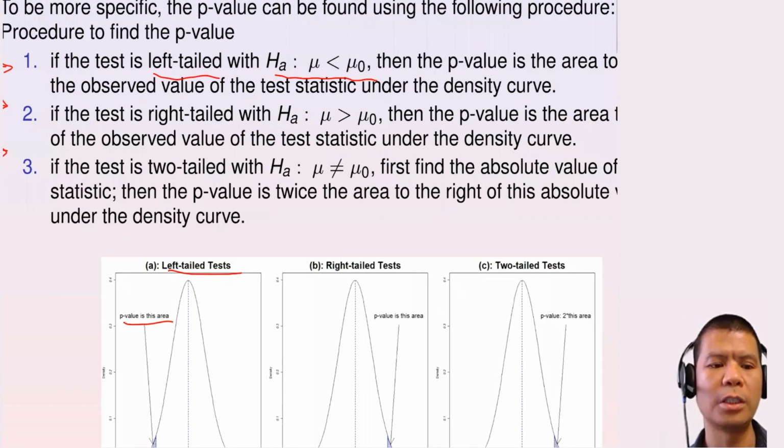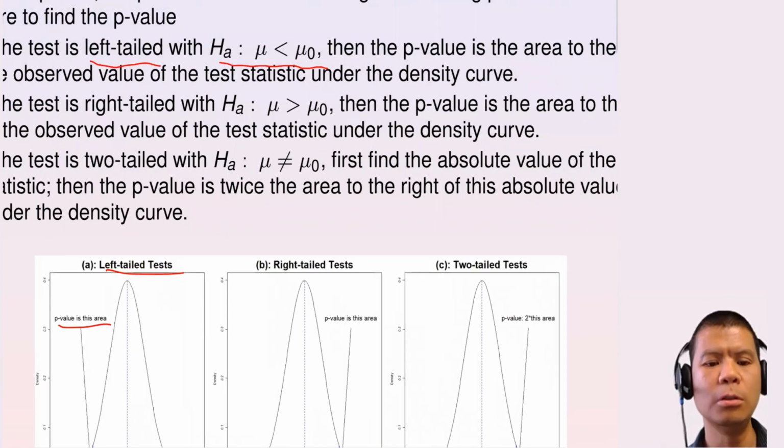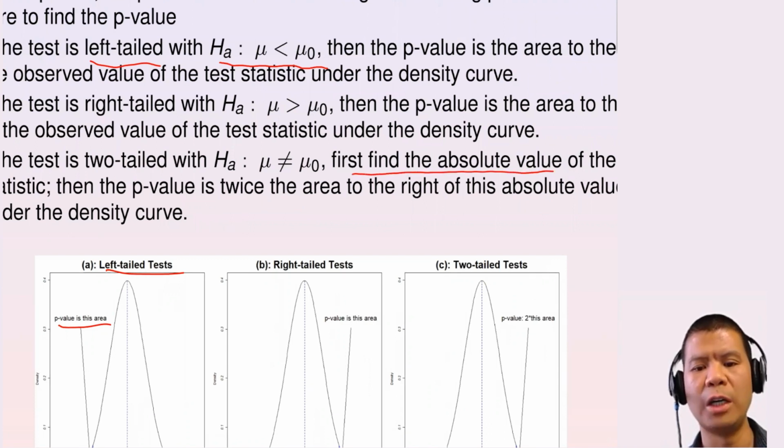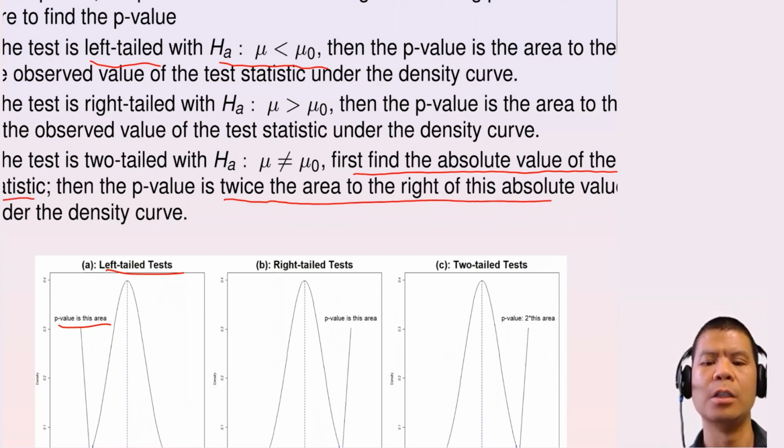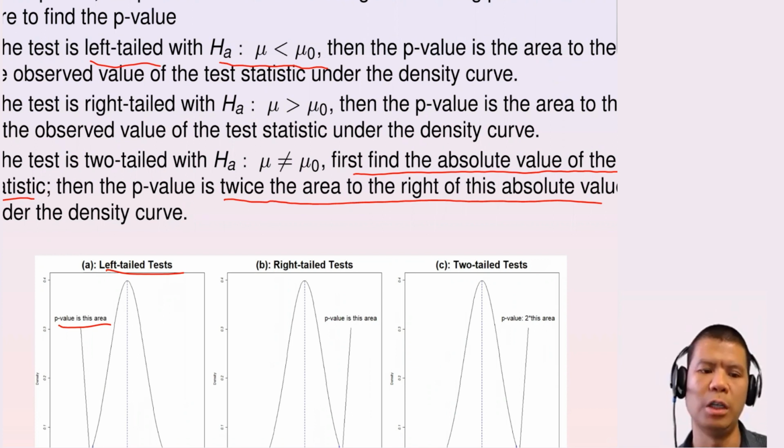This is the second case. For the third case, if the test is two-tailed, you first find the absolute value of the test statistic, and then the p-value is twice the area to the right of the absolute value under the curve.